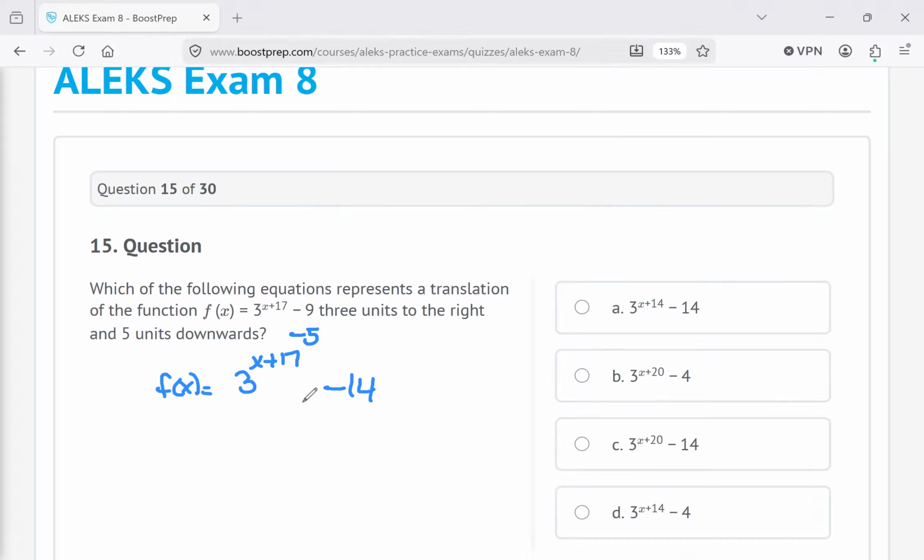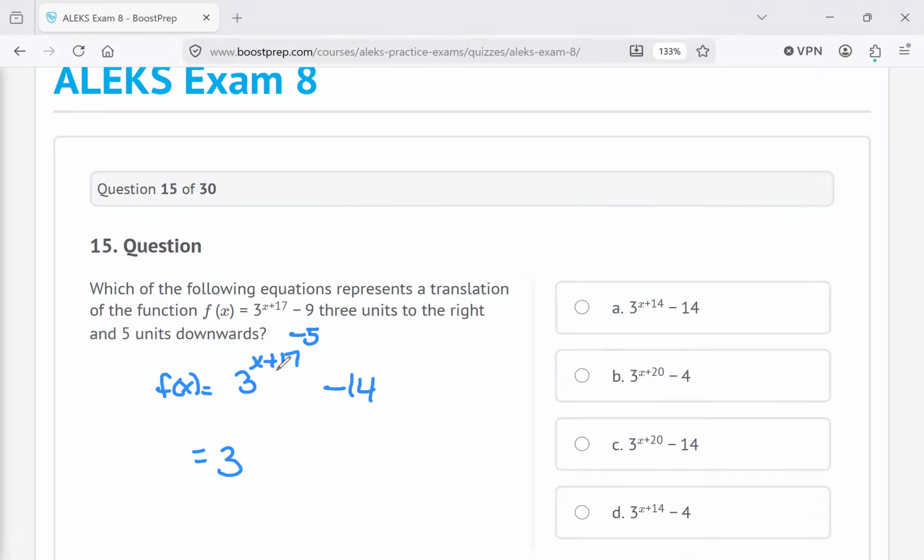And then how do we do the 3 units to the right? Do we add 3 or subtract 3? Yeah, it says 3 units to the right, so you're actually going to subtract 3.